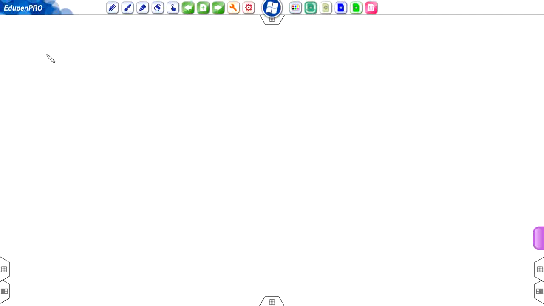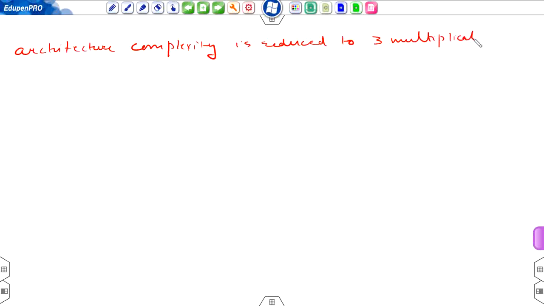So architecture complexity is reduced to 3 multiplication and 3 addition from 4 multiplication and 2 addition.